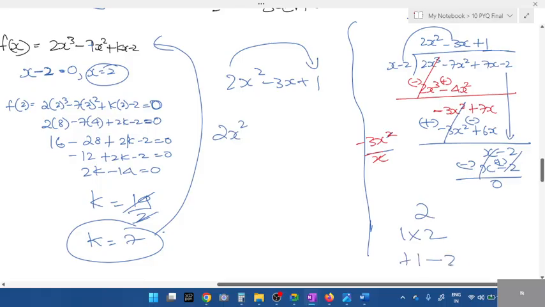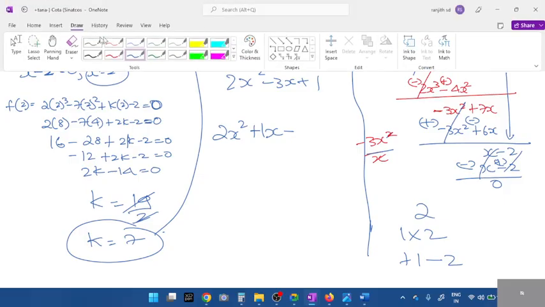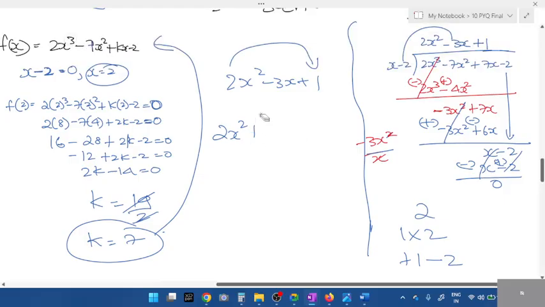Minus 1x and minus 2x. This middle term is split into two parts. Just go through this, factorize this.